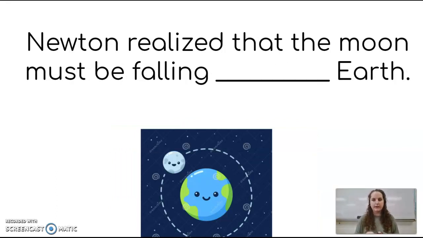So Newton realized that the moon must be falling around Earth, okay? Not toward Earth, but around Earth. And we can see this in this cute little cartoon here where Earth is at the center and the moon is actually following this orbit that is causing it to fall around Earth. Okay, so again, acceleration is pointing towards the center of the Earth.